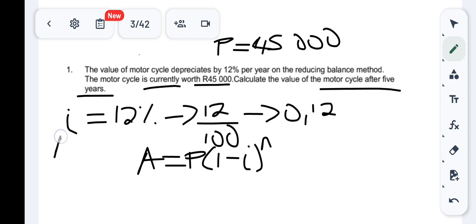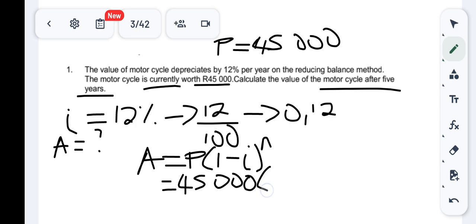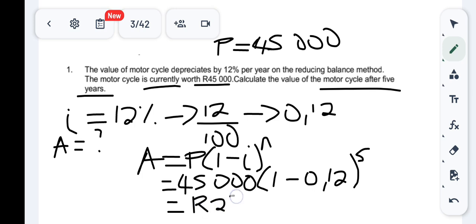We are looking for A. This is very simple. 45,000 into 1 minus 0.12, all to exponent 5. This is 23,747.9.